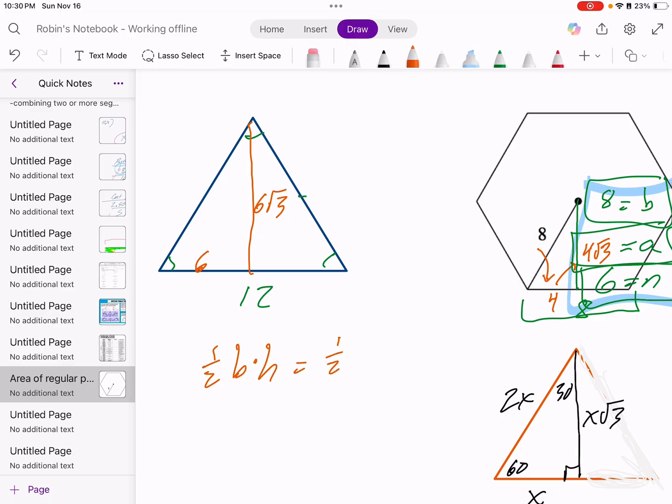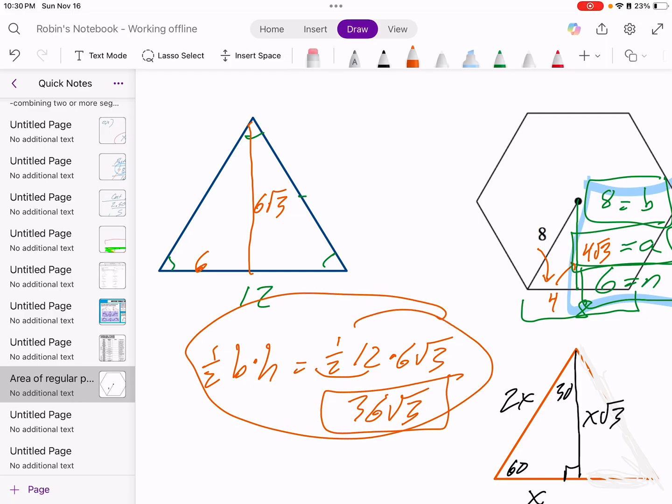So if I have a half of 12 times 6 root 3, right, that's 6 times 6. I have 36 root 3, and I'm set. This is just times the number of sides. That's it. You're going to be using this trick.